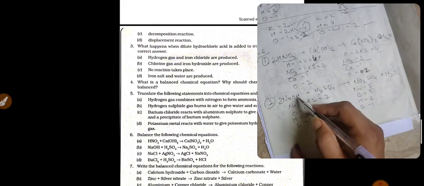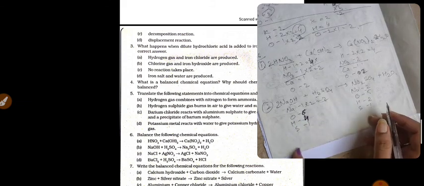Now 2 here, 2 here. Hydrogen now, oxygen has become 4, 5, 6. So 6 oxygen and hydrogen is 2 and 2, 4. 1 sulfur. Now 4 hydrogen here, 4 hydrogen here, so multiply this by 2, so we'll get 4.